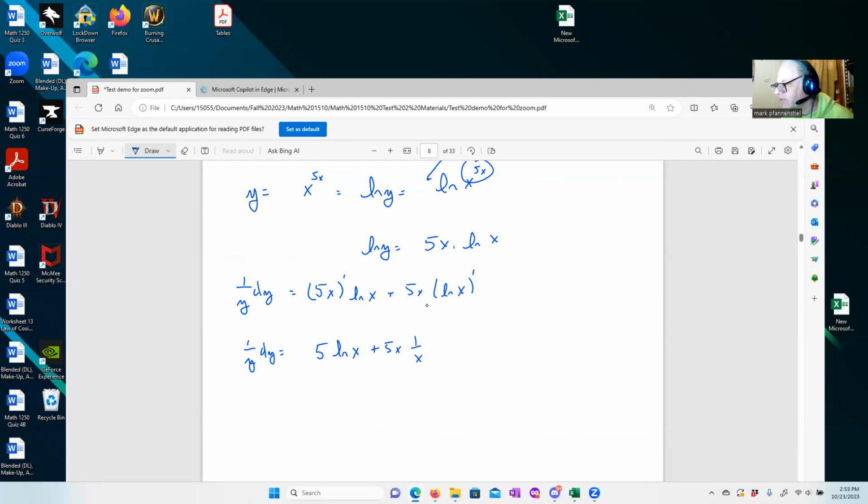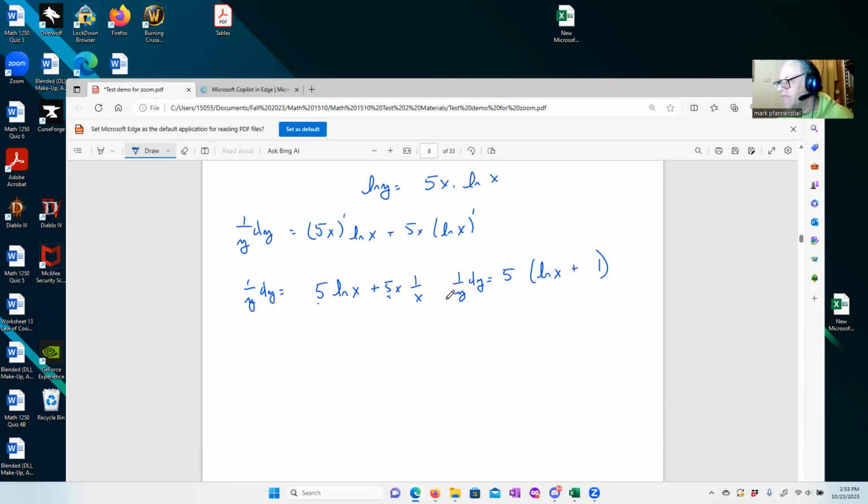So simplify this a little bit. We have 1 over y dy is equal to 5. I'll pull 5 out of both terms here, and I've got ln x plus 1, because I've pulled the 5 out. And then what do we have next? We have to multiply by y. So we have dy by dx is equal to y times 5 times ln x plus 1.